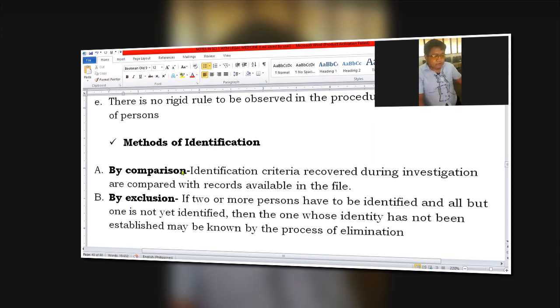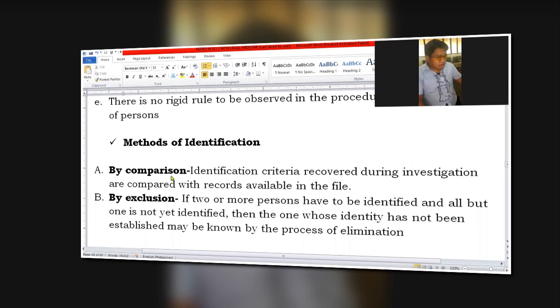By comparison, identification criteria recovered during investigation are compared with records available in the file. By exclusion, if two or more persons have to be identified and all but one are already identified, then the one whose identity has not been established may be known by the process of elimination.